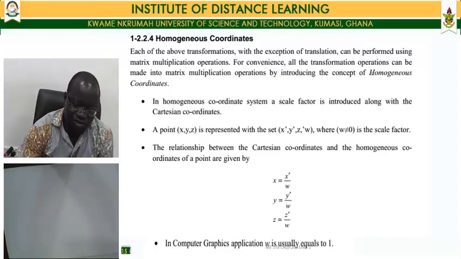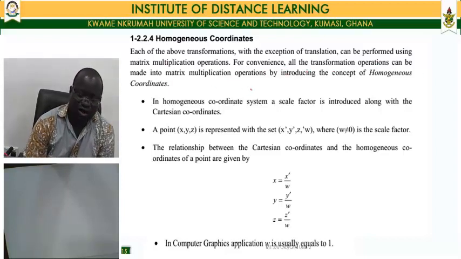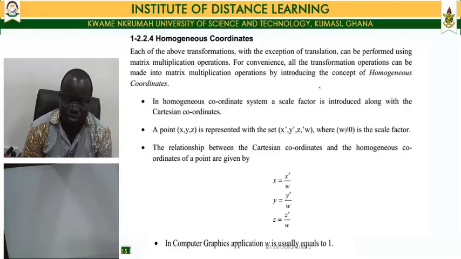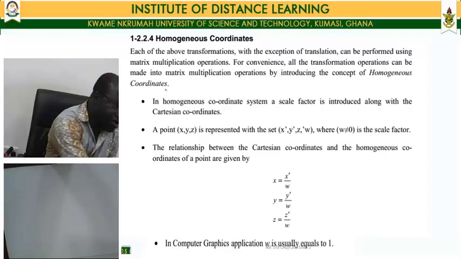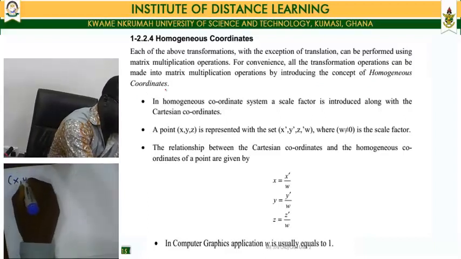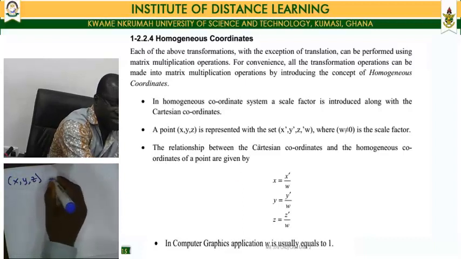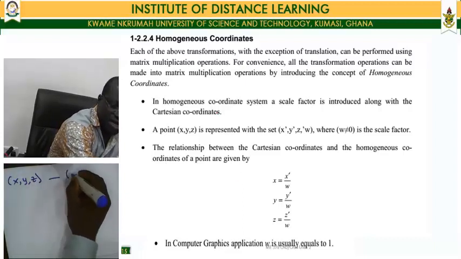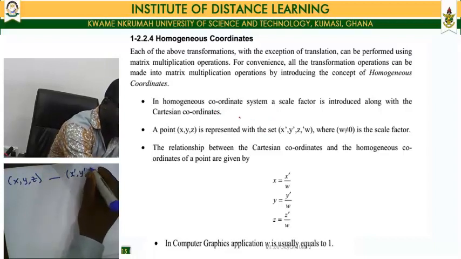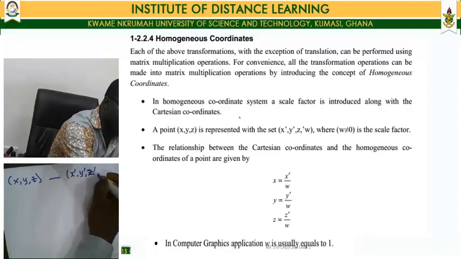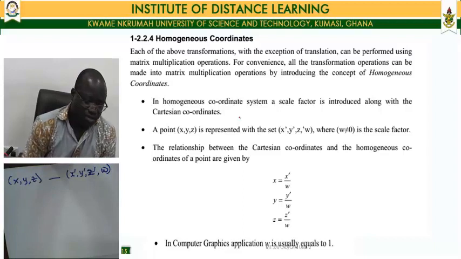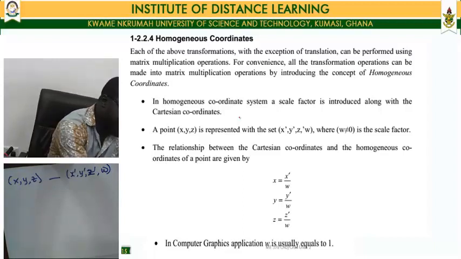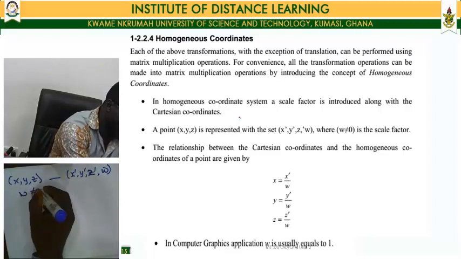Now, in a homogeneous coordinate system, you have a scale factor which you introduce with a Cartesian coordinate. So any point that you have, let's say a point x, y, z, can be represented as x prime, y prime, z prime, and then the homogeneous coordinate omega, where this omega is not equal to 0.